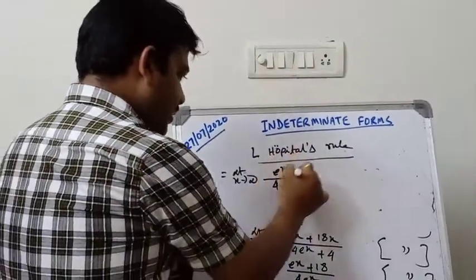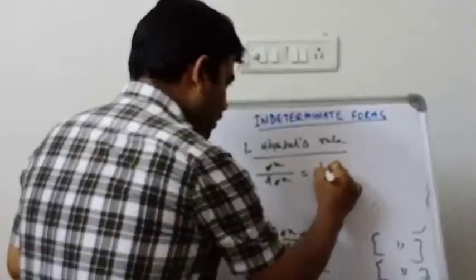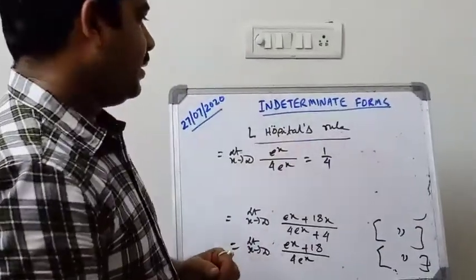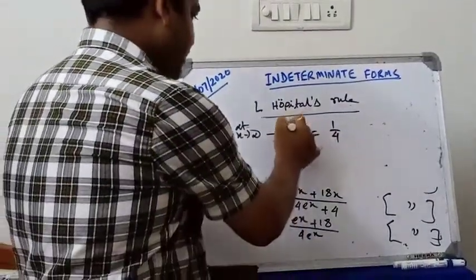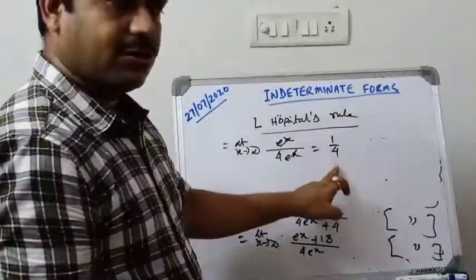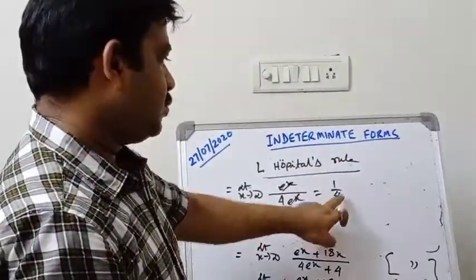We can cancel e to the power x with e to the power x. So next line, only 1 by 4 is left. So the answer of the sum is 1 by 4.